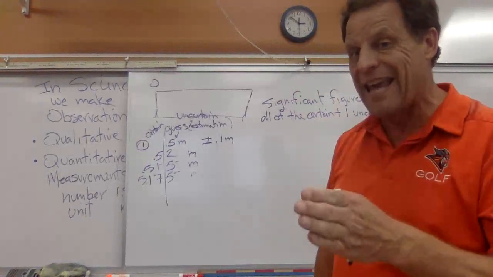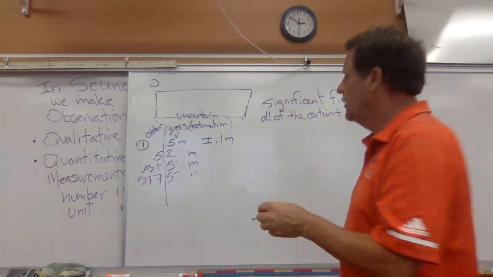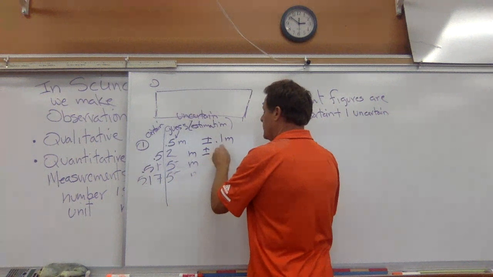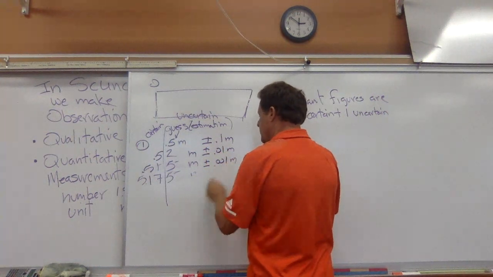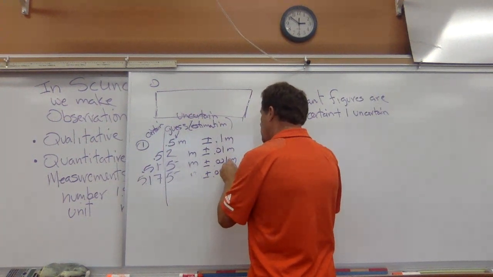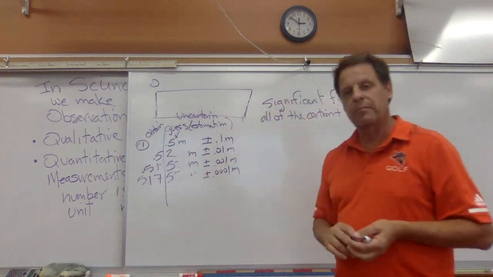The placeholder was in the tenths place, hence plus or minus 1/10. Now when we go to the next one, that's going to be plus or minus 0.01 meters, plus or minus 0.001 meters, and plus or minus 0.0001 meters.